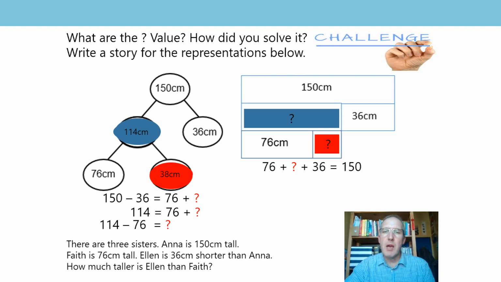If you add 76 and 36, we've got 112. So our question mark plus 112 is equal to 150. What does that mean the question mark is? 150 minus 112. We know already, don't we? Because we worked it out in the part-whole model. That's it. It's 38 centimetres.